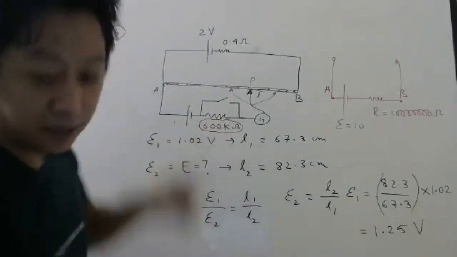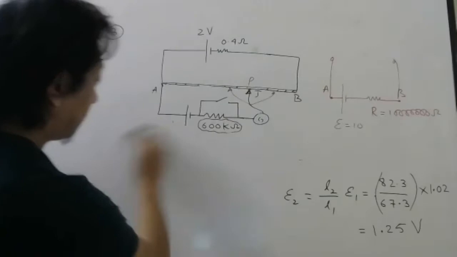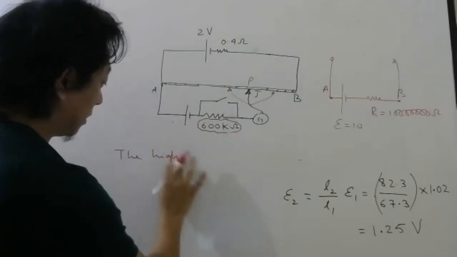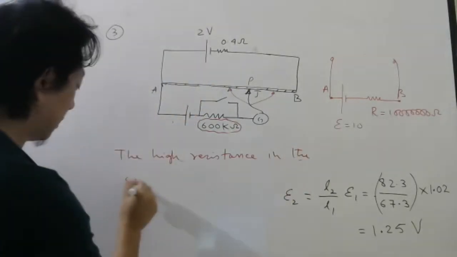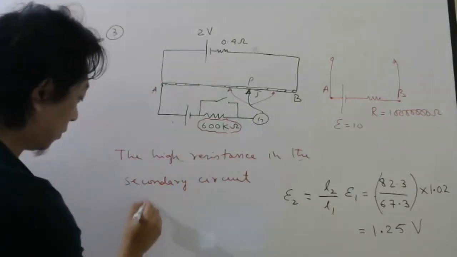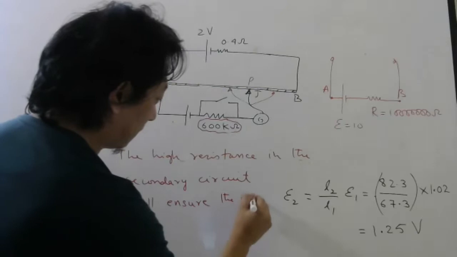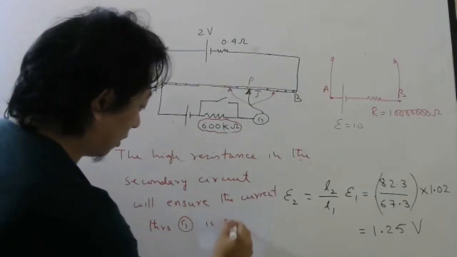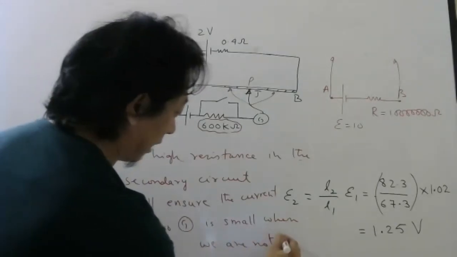So this high resistance, let me write down so that you can remember. The high resistance in the secondary circuit will ensure the current through the galvanometer is small when we are not at balance point.